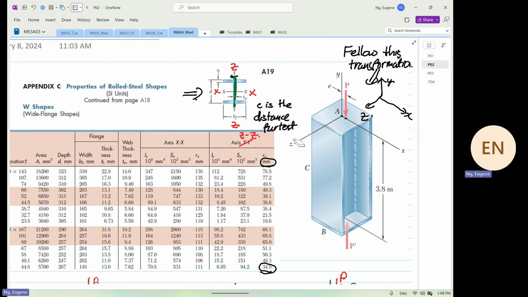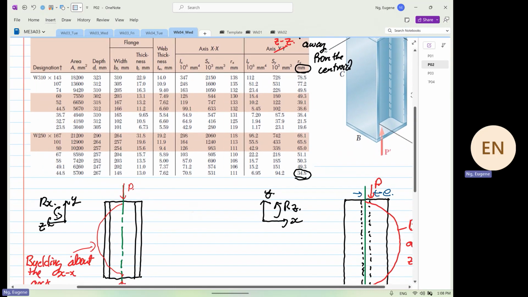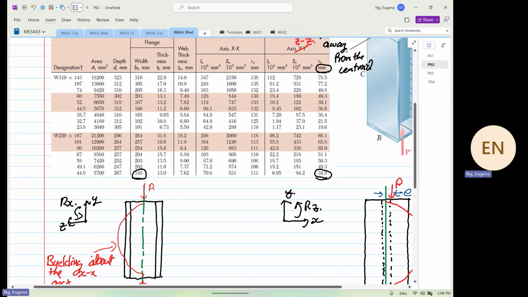How to spell furthest, anyone? F-U-R. Thank you. Furthest, the distance furthest away from the where? From the centroid. So for this case, it is this value over here. So BF is what? 0.148.